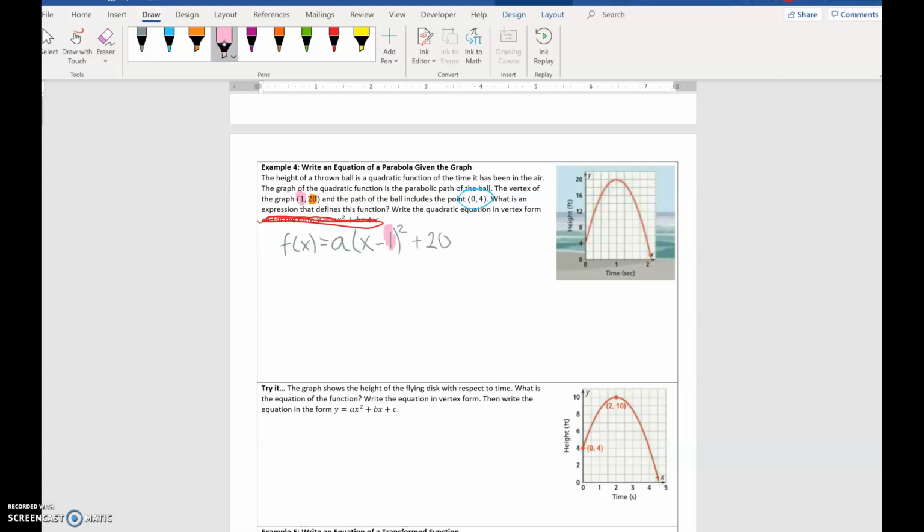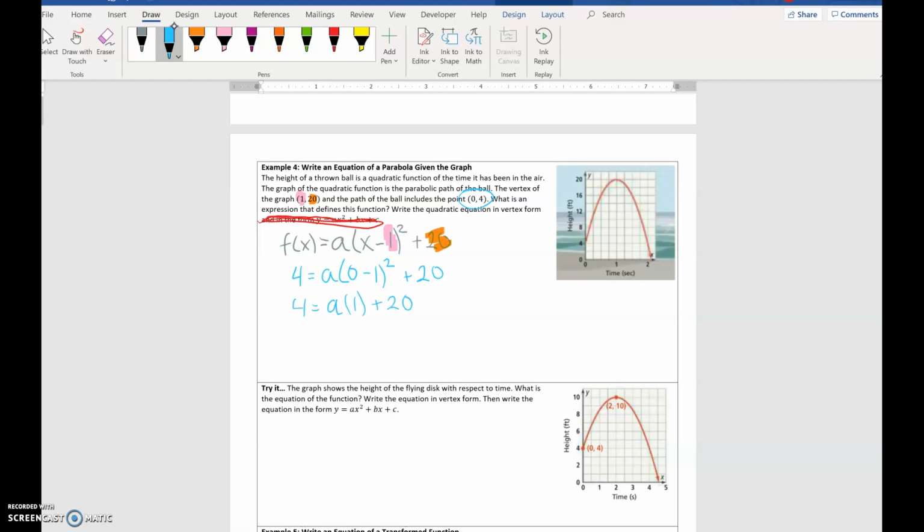So now we're going to plug in (0, 4) into this equation. So 0 is our x, 4 is our f of x. So we have 4 equals a times (0 minus 1) squared plus 20, so a times 1, since (-1) squared is 1, plus 20.